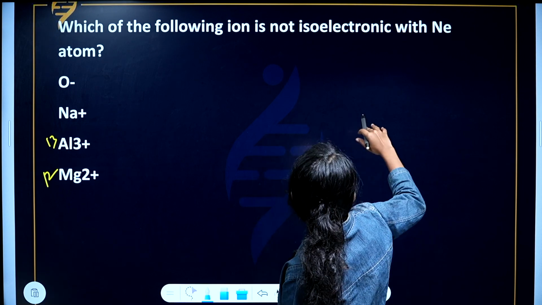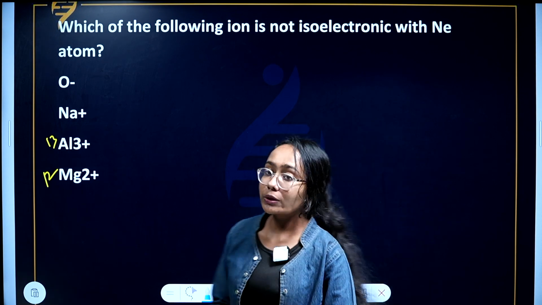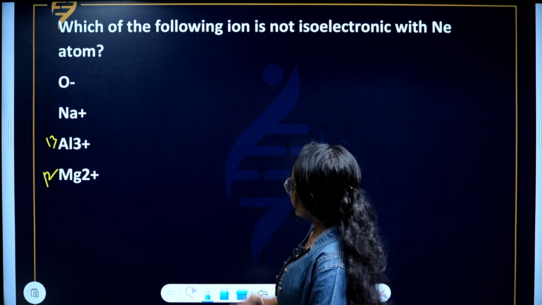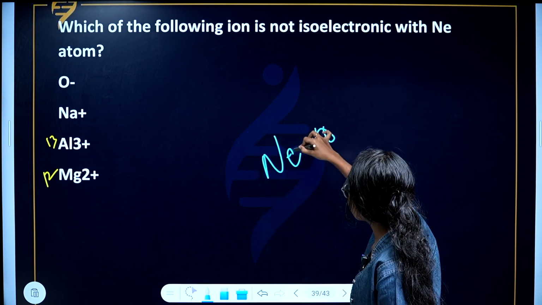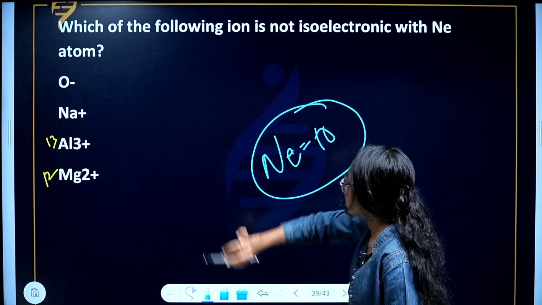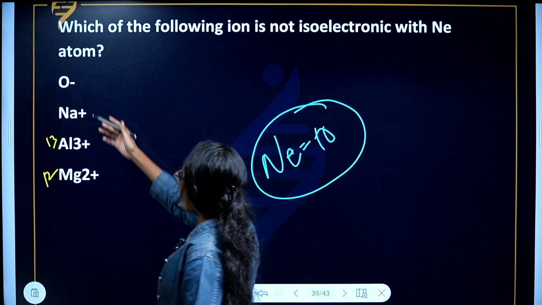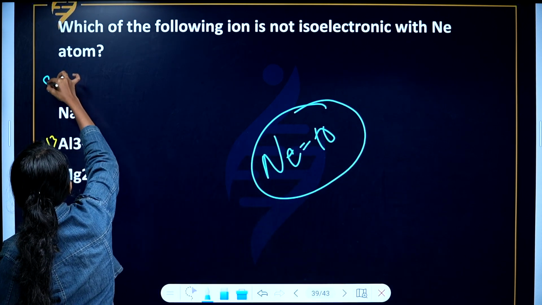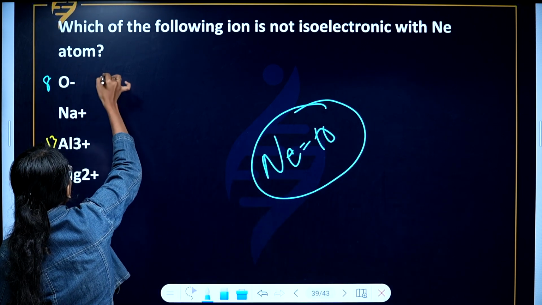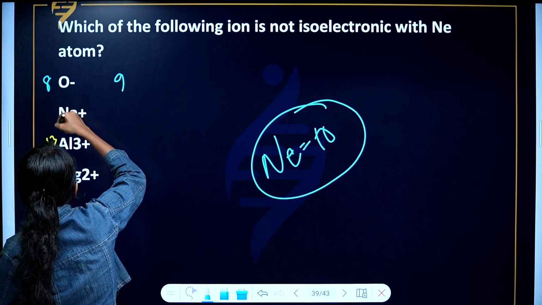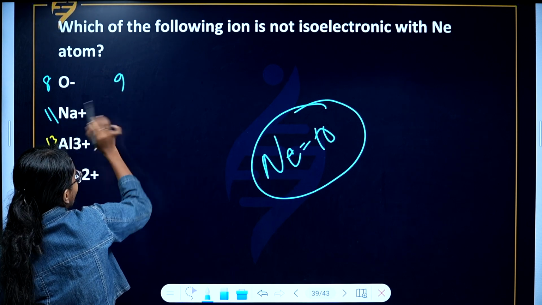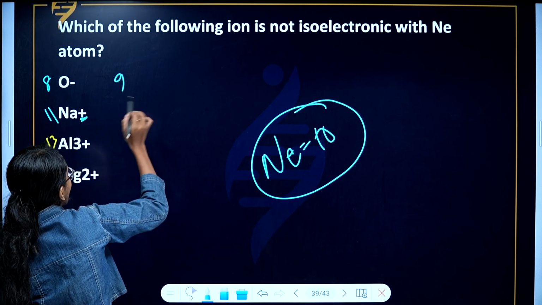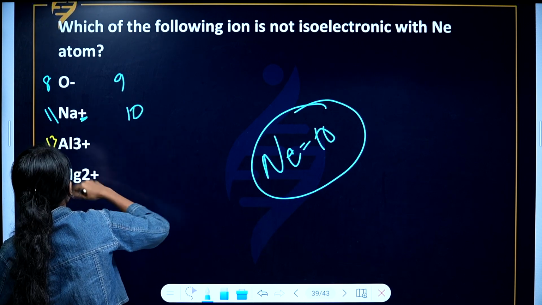Which of the following ion is not isoelectronic with neon? So neon, the number of electrons is 10 because the atomic number is 10. Oxygen, the atomic number is 8. When accepting an electron, it becomes 9. Sodium, the atomic number is 11. When donating an electron, plus charge, it becomes 10 electrons.